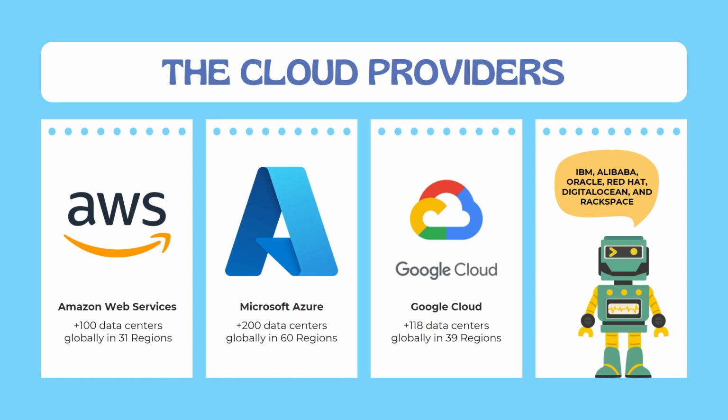Then we also have Google Cloud, which has 118 data centers globally in 39 regions around the world. These are the three major players in the cloud space. We also have some other players, which are IBM, Alibaba, Oracle, Red Hat, DigitalOcean, and Rackspace. They will provide you the resources that you need to get up and running.